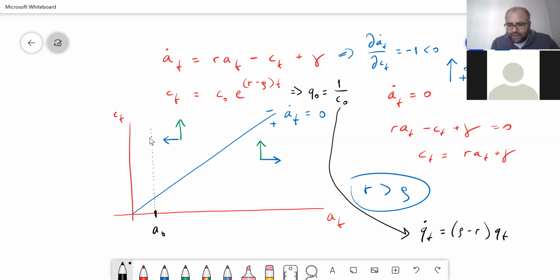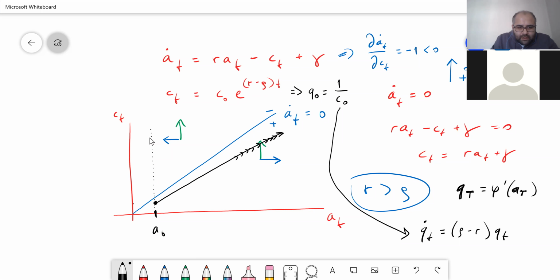Now, how do we choose that particular solution? Well, I know where QT should go, because that depends on my asset stock. If I do not choose it well, I cannot satisfy this. So there is a particular point that would give me some growth path of consumption and asset stock.